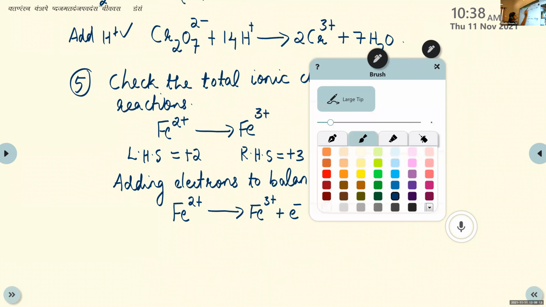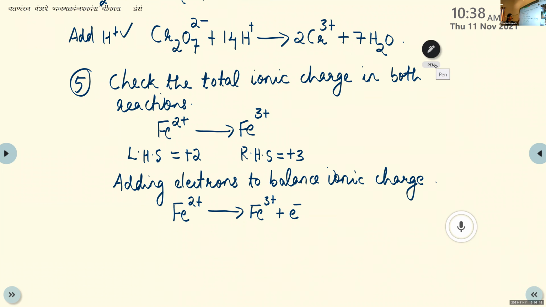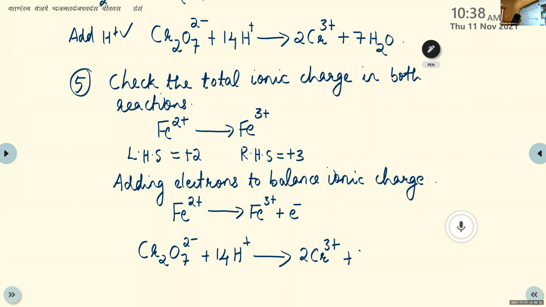Then now we can write the next equation. This is the oxidation half. Then now we can write the reduction half. Cr2O7 2- + 14H+ will give 2Cr3+ + 7H2O. This is the equation. First we have to check the total ionic charge, then add the electrons to balance the ionic charge.